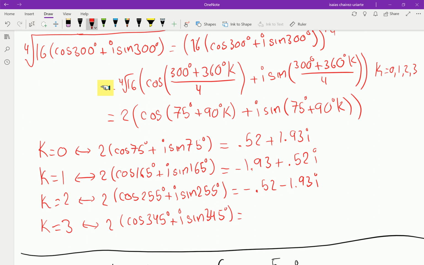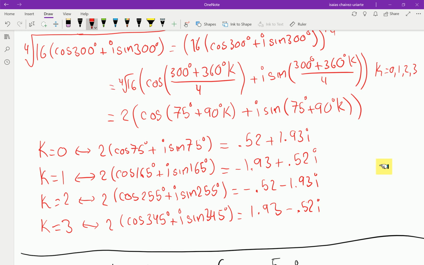And my calculator tells me that this becomes 1.93 minus 0.52i. And those are my 4 fourth roots right there. Hopefully we agree on the process and on the answers.